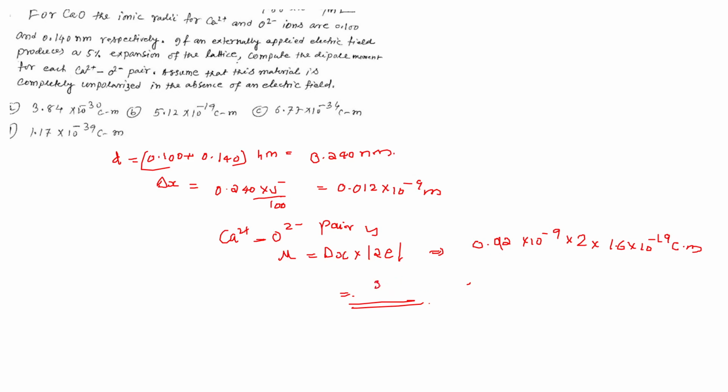So here the answer will be 3.84 into 10 to the power minus 30 coulomb meter.